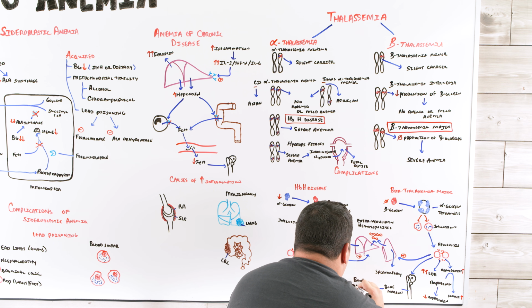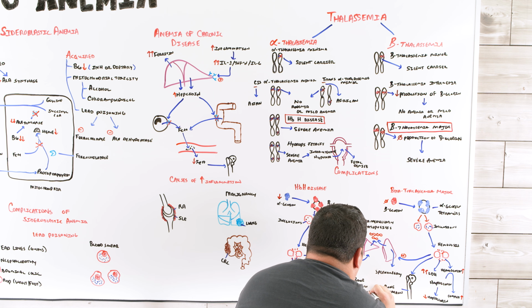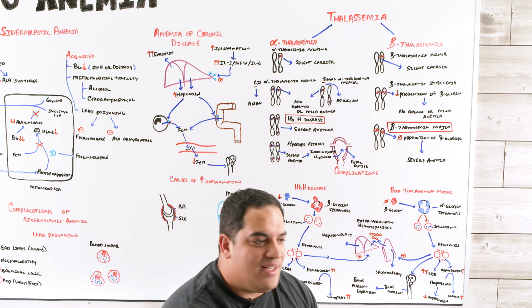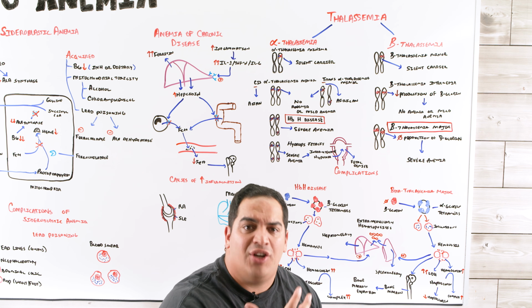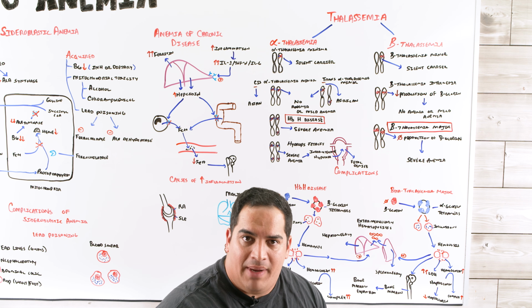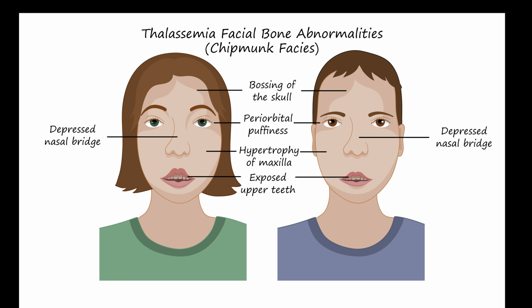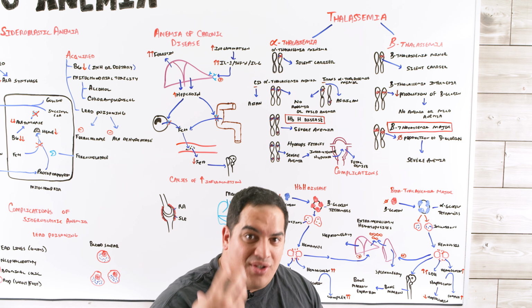Now you're probably like, okay, well, what does that have to do with anything? Problem is the bones that actually are affected are a part of the skull and the face. And so this causes these unfortunate craniofacial abnormalities in these patients. And it kind of looks like a chipmunk face. They get a lot of changes in their overall anatomy.